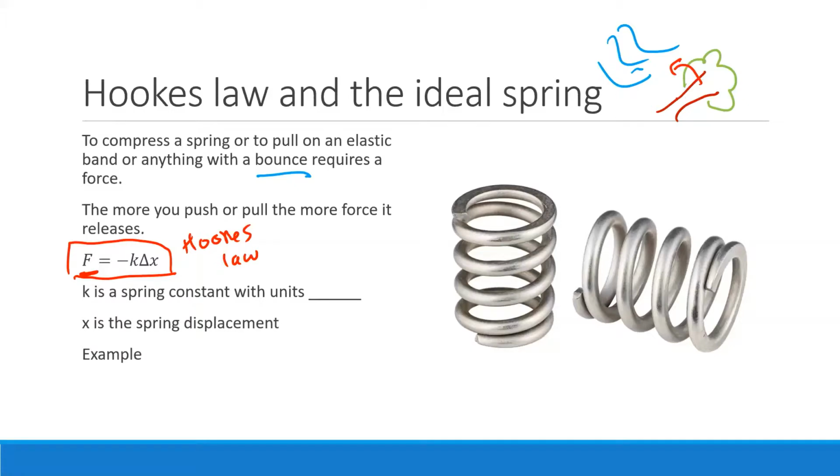I really should have put this on the slide, but I'm going to add it here anyway. The larger K is, the stiffer the spring. If you've got a spring from a car hydraulic, that's going to have a really high K. Something like a metal knife is also going to have a really high K because it's not going to bounce very much.